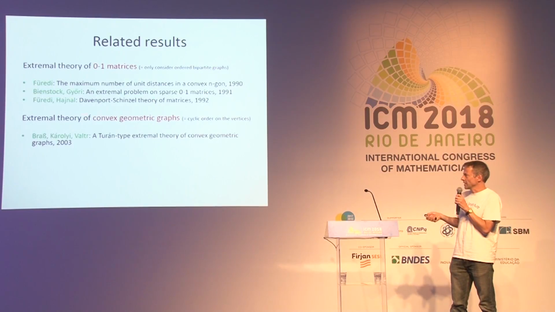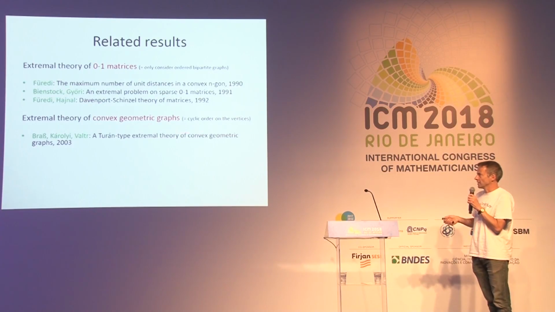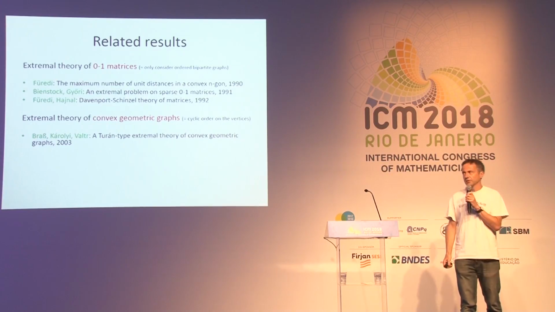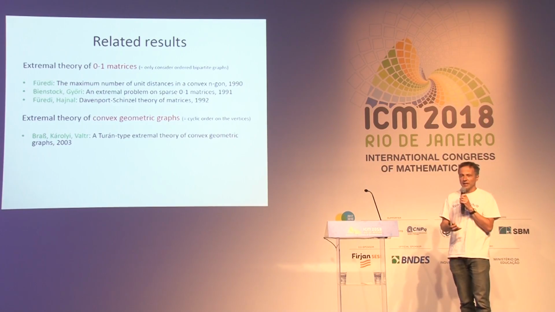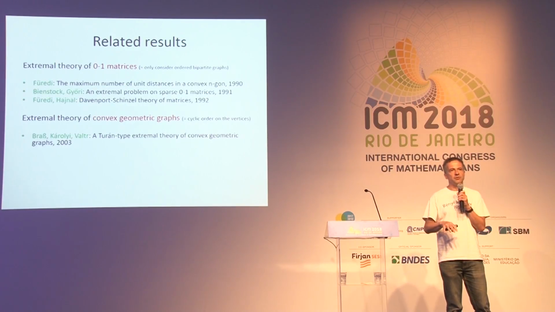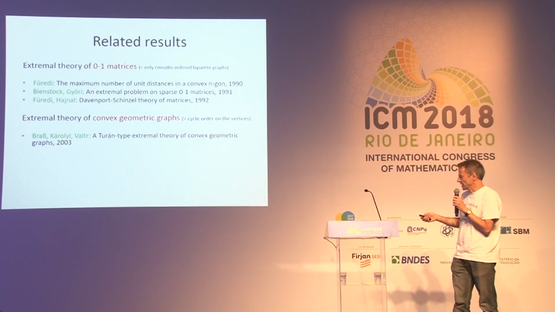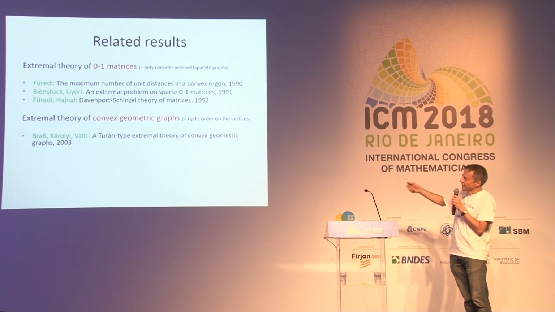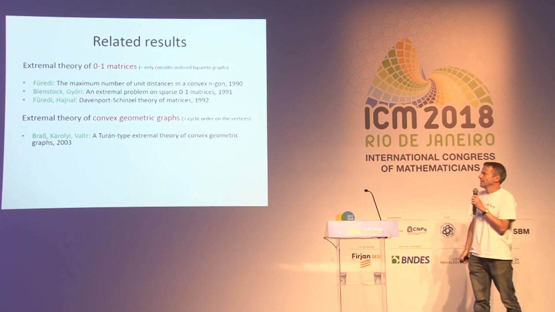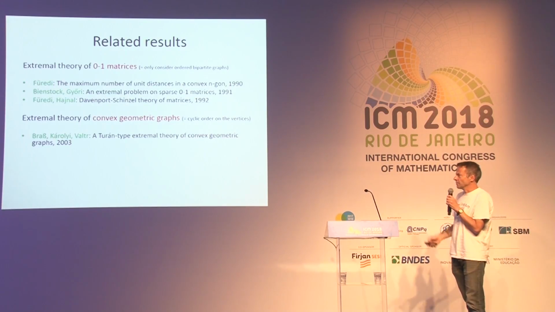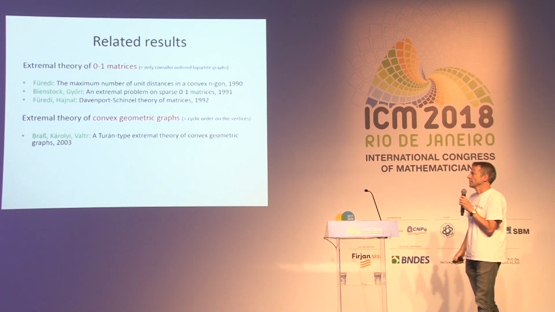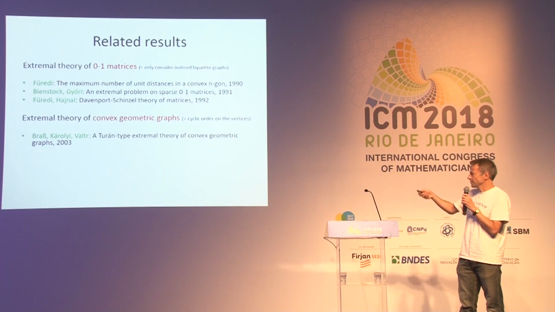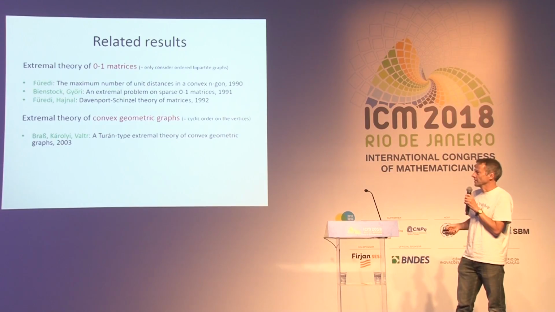These questions that you can ask with this kind of convex geometric graphs are also a subset of the questions that you can ask for ordered graphs, because if you forbid any cyclic shift of a forbidden order, then you can get back as special cases this question. That's a very nice paper of Brass, Károlyi, and Valtr, and they have very nice results for specific small forbidden graphs.